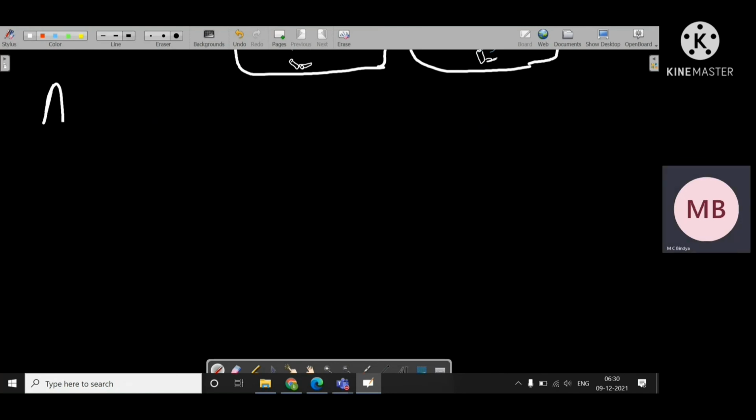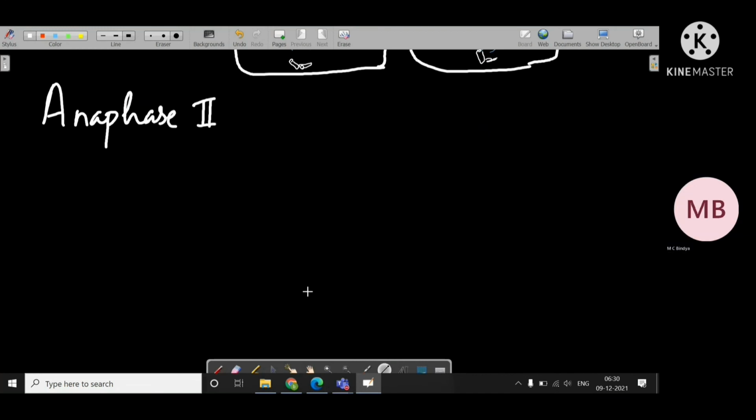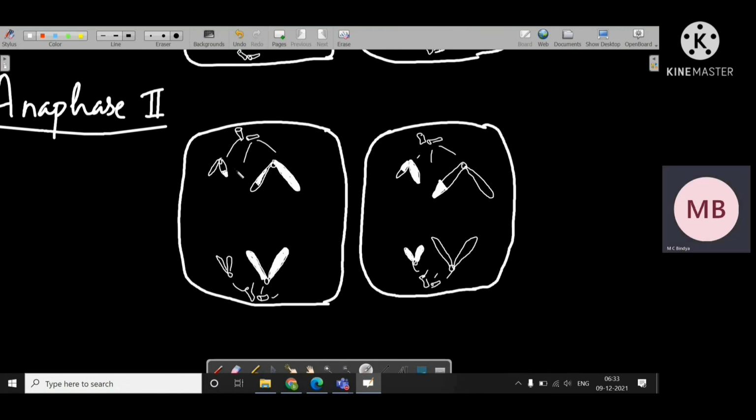After metaphase comes the anaphase stage, anaphase 2. So in the anaphase stage, you can see the sister chromatids have got separated from the centromere area. So sister chromatids are pulled towards the poles.